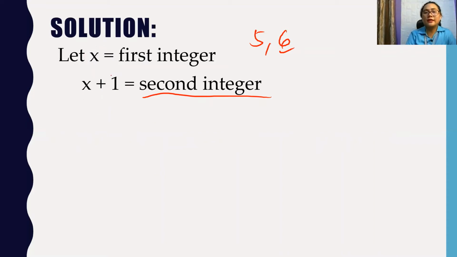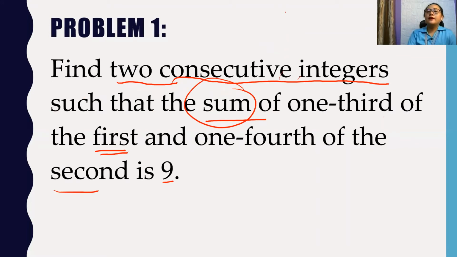So, ito yung let mo. You let x be the first integer and then x plus 1 be the second integer. Okay, yun yung clue since first integer and second integer magkasunod talaga. Consecutive, yun yung clue. Alright, so ngayon, you're going to add. Ang sabi niya, sum.